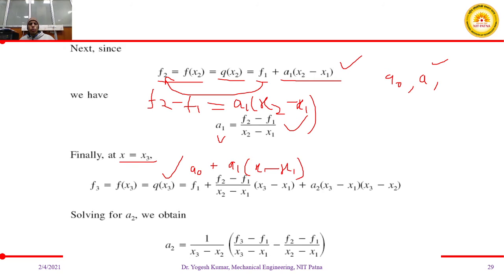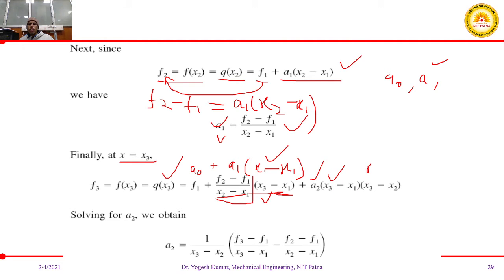We know the value of a1, so we have put the value of a1 here, and this x minus x1 will be x3 minus x1.